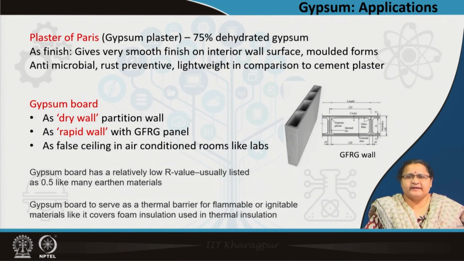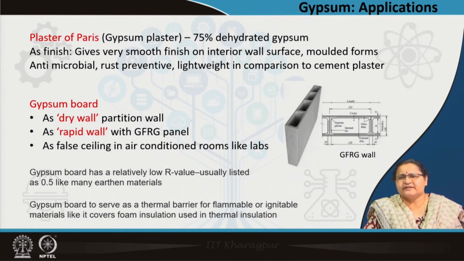We were discussing earthen pots in the very initial slide. The R value of earthen material is also like 0.5 as compared to glass wool etc., which is around 3 to 4. But even then that entrapped air gives it an improved R value.